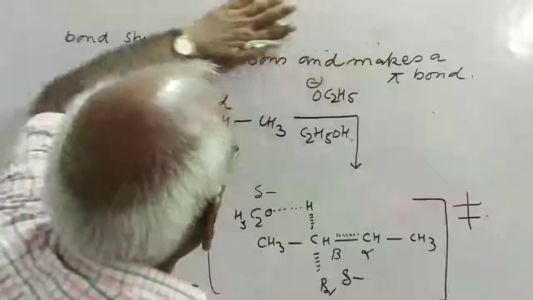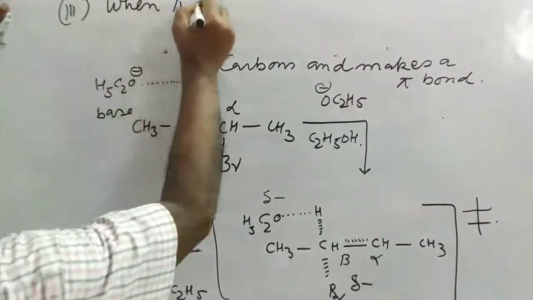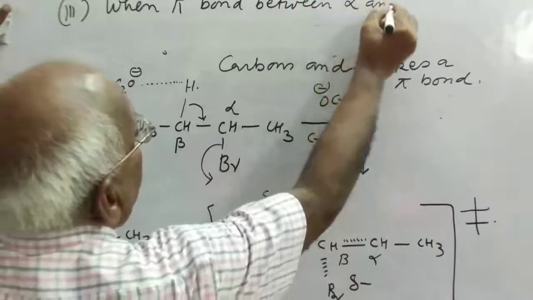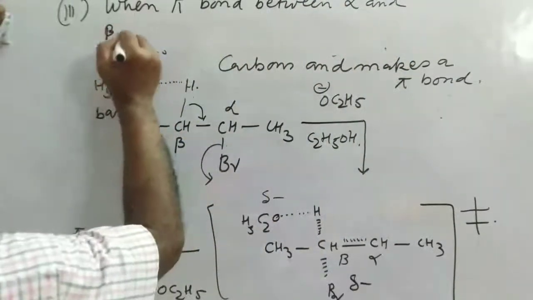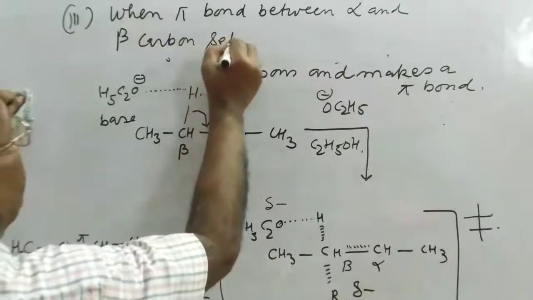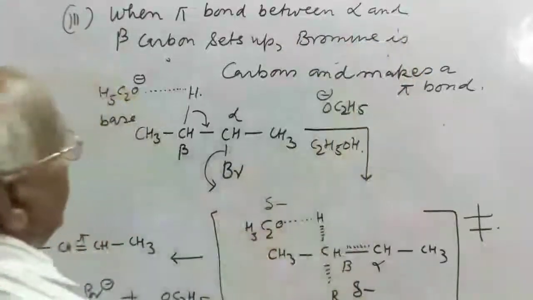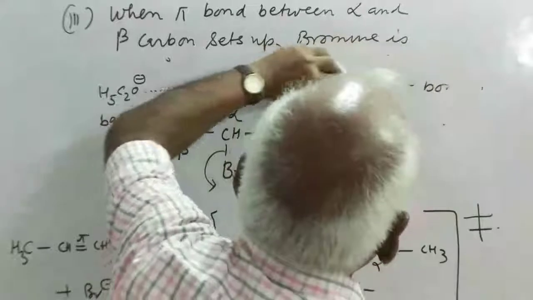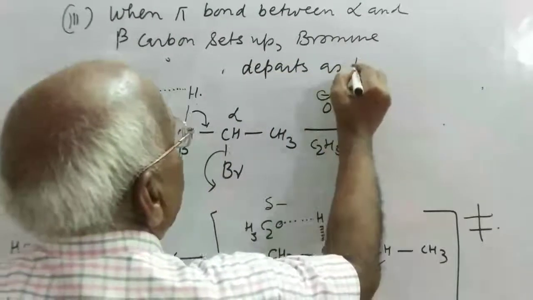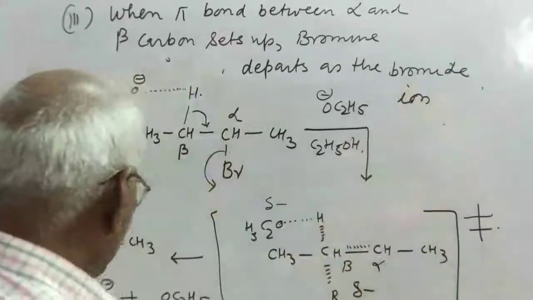And third point is, when the pi bond between alpha and beta carbon sets up, bromine is released, bromine departs as the bromide ion.